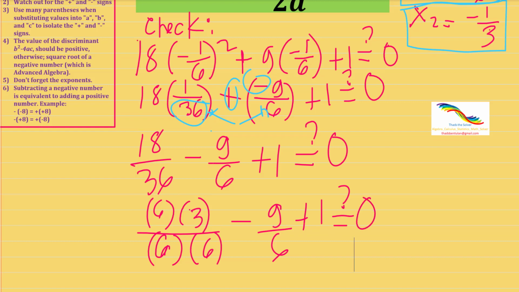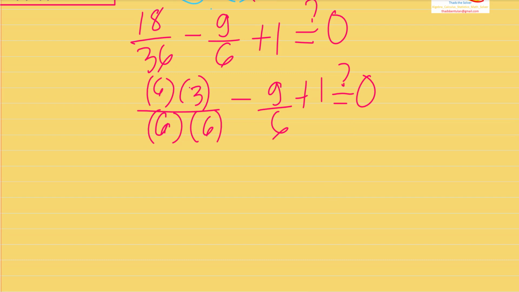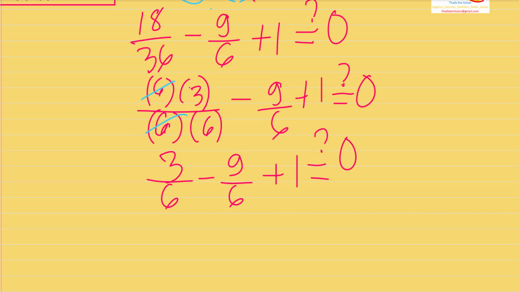Okay, let's move up. So 6 over 6 is 1. 6 divided by 6 is 1. So what we will have will be 3, sorry, that's 3 over 6 minus 9 over 6 plus 1. Is that equal to 0? Very simple, right?